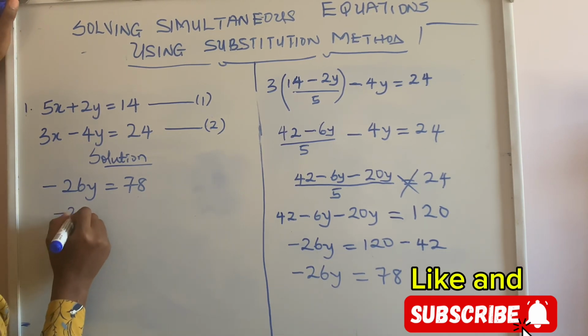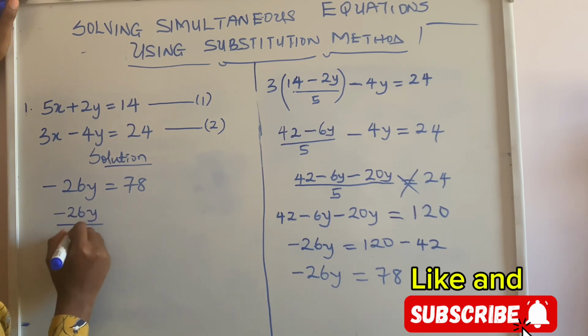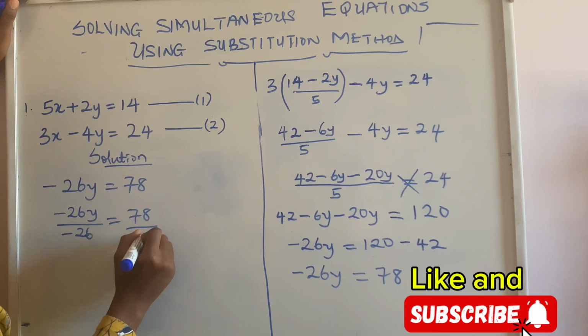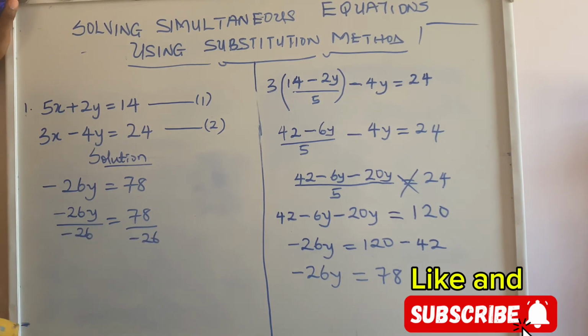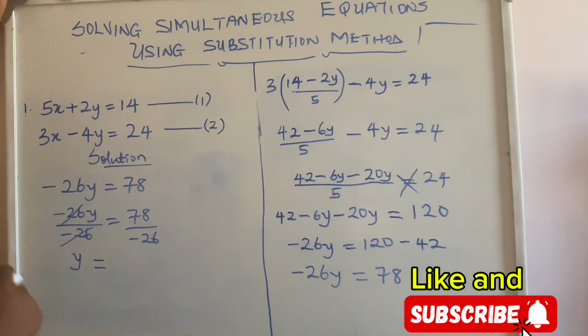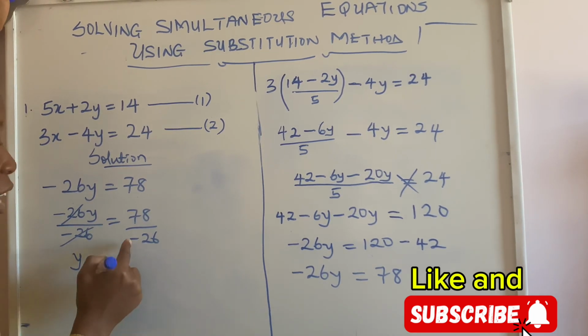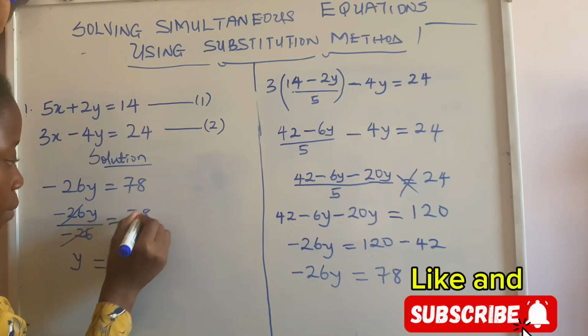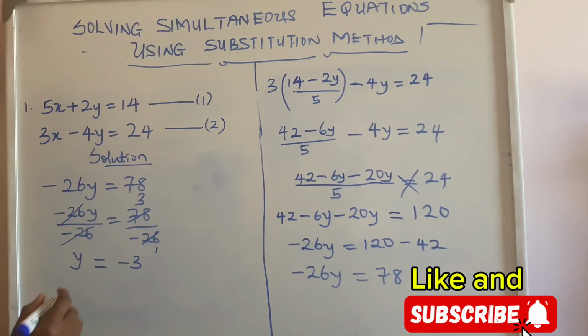So you have minus 26y over minus 26 is equal to 78 over minus 26, right? So now this cancels this, and you have y is equal to 78 over 26. It's going to go there 3 times, but there's a minus sign here, so minus 3. It means that our y is equal to minus 3.